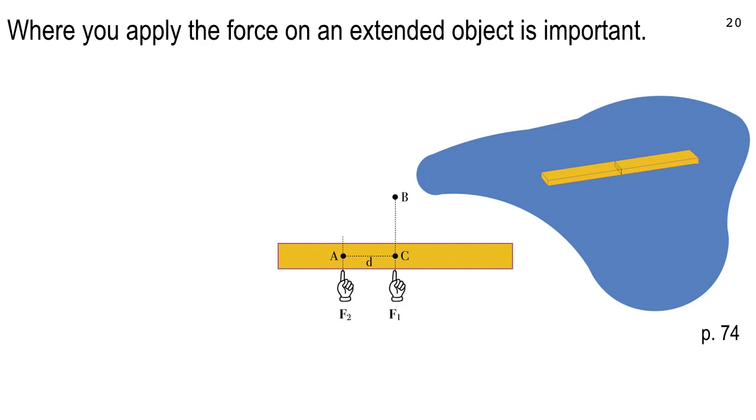You're just going to accelerate straight up. But if you push as force F2 does, through point A, you're off the center of mass. That board's going to accelerate upward because you're giving it some newtons, a little acceleration. It's also going to spin as it goes.